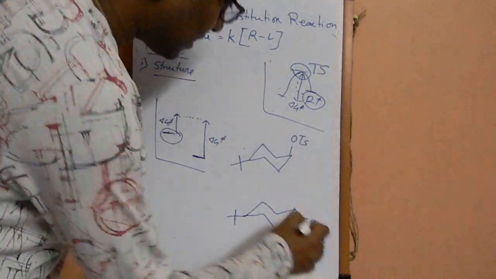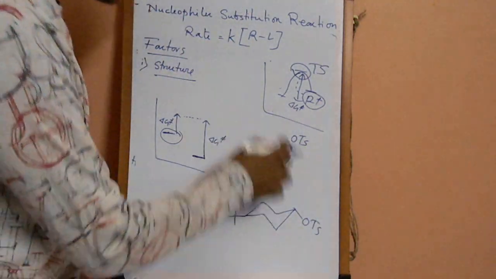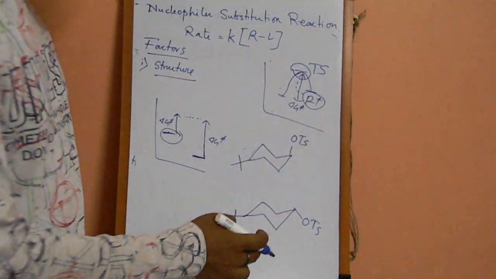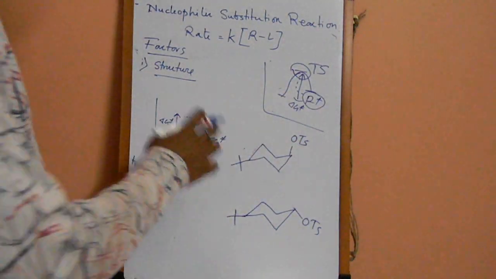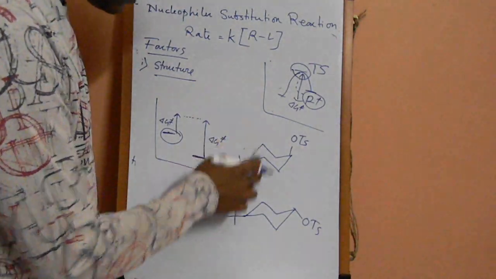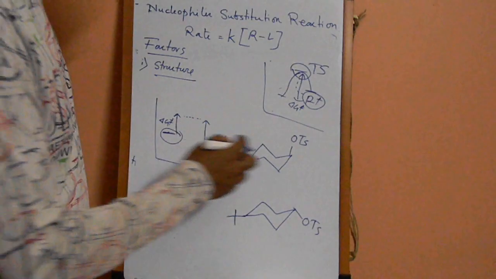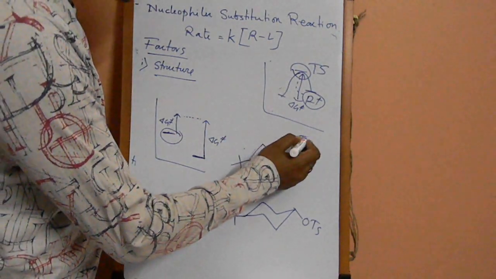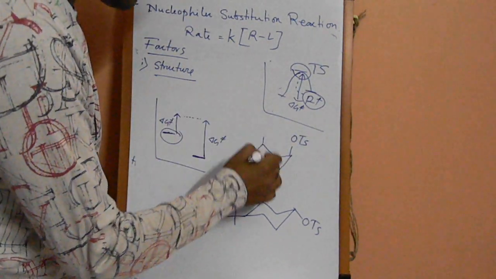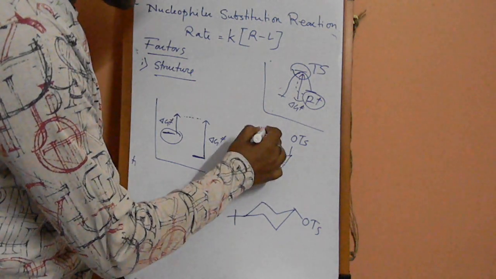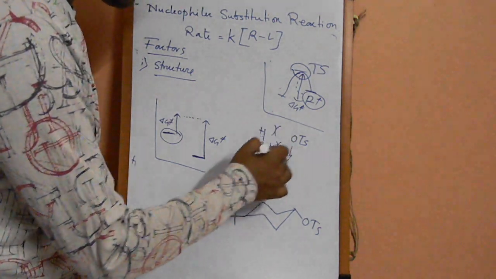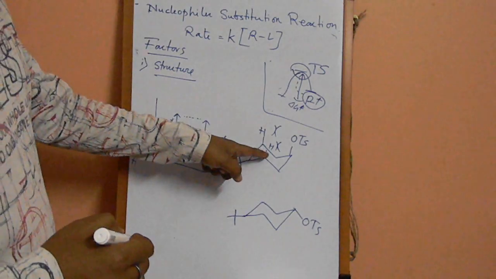What is the difference? Here OTS is on a cyclohexane ring, you have axial and equatorial bonds, and the ring flipping is restricted by imposing a tertiary butyl group. You have an OTS group, tosylate, and this will have a syn axial repulsion from the axial hydrogen.